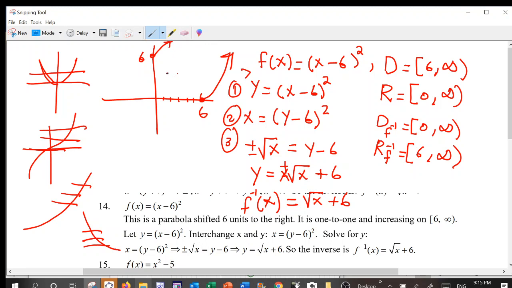So if you graph, no wonder it didn't work. So it's not the square root of x minus 6, I mean x plus 6 or x minus 6. So it's the square root of x plus 6. That's a y transformation. So that's what it looks like.